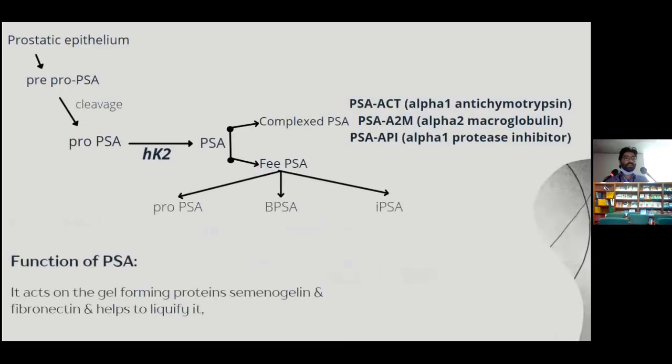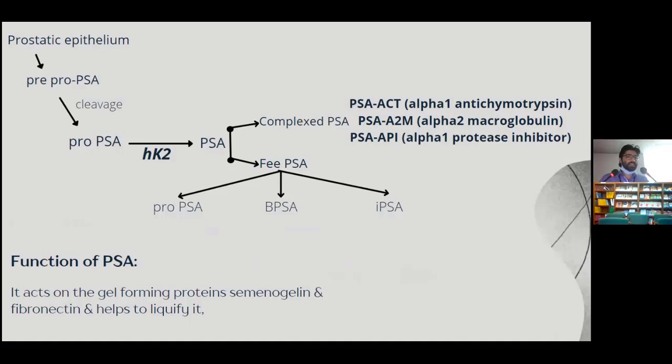So from the prostatic epithelium, the pre-pro PSA is released, which undergoes cleavage to form pro-PSA. The pro-PSA is a chain of 237 amino acids, which has an additional 7 amino acids attached to it. HK2, the human kallikrein-2, acts on this pro-PSA to form PSA.